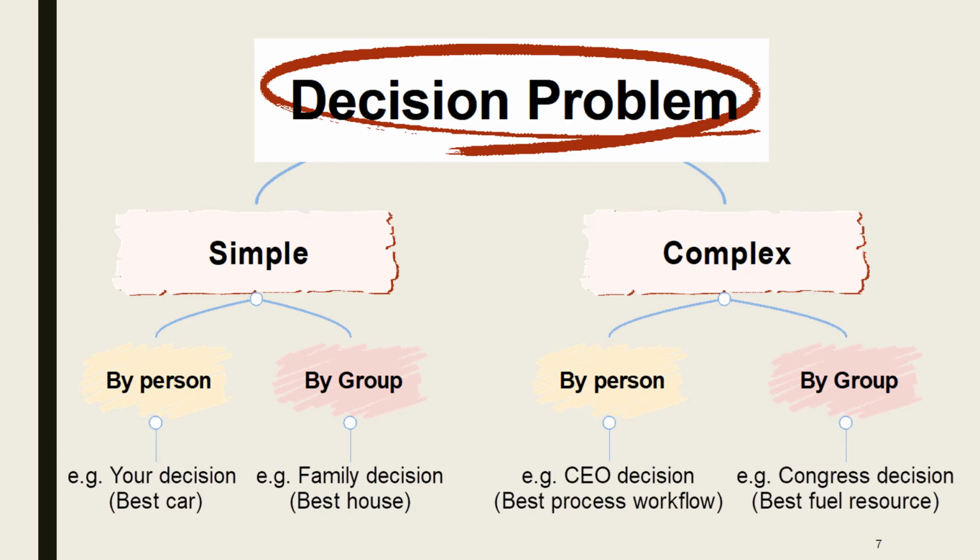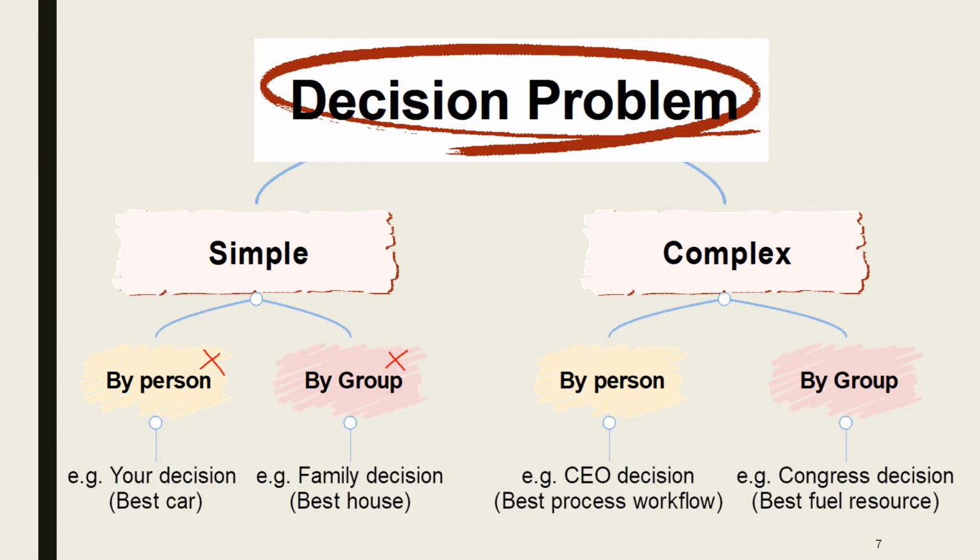And again, it could be a simple problem and the decision made by a person, similar to your decision to get the best car for you, or it's a simple problem made by a group, like the family decision about selecting the best house for them to move to.